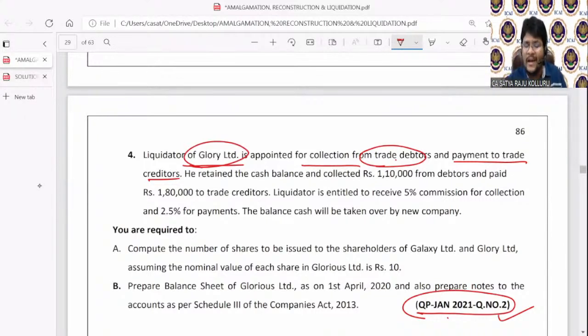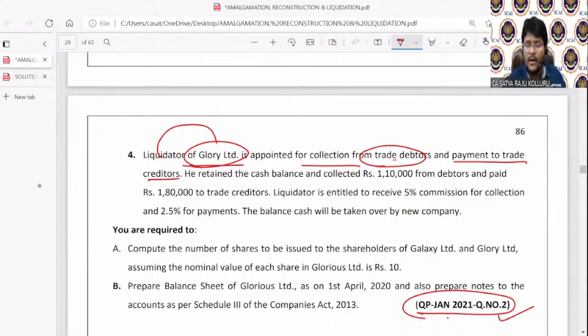One of the selling company's debtors and creditors are not taken over by the purchasing company. How would you know such facts, sir? That's very simple. It is clearly given that the liquidator of Glory Limited, one of the selling companies, is appointed for collection from debtors and payment to trade payables, which means such debtors and trade payables are not taken over by the purchasing company. We are realizing them in the outside market.